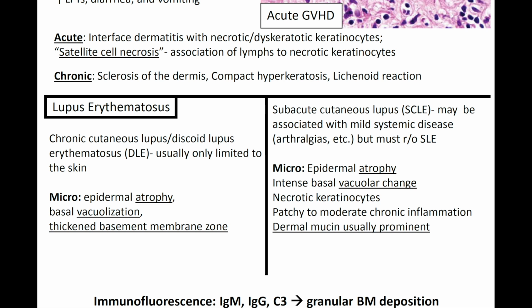Subacute cutaneous lupus may be associated with mild systemic disease, but you must rule out lupus first. And then microscopically, for subacute, you're going to have a lot of the same things: epidermal atrophy, basal vacuolar change, necrotic keratinocytes, patchy to moderate chronic inflammation, dermal mucin usually prominent. And then on immunofluorescence, you'll have IgM, IgG, and C3 with a granular basement membrane deposition.